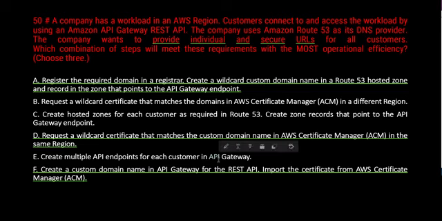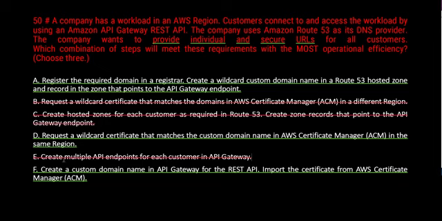So I think the A and create multiple API Gateway endpoints for each customer in API Gateway, that doesn't make any sense. And then request wildcard, this is a different region, it has to be the same region, so eliminate that. Create hosted zones for each customer, no, this won't do as well. Okay, so we eliminated B, we picked D because of the same region. B is gone for that. And here it is talking about creating multiple API endpoints for each customer in API Gateway, which is not possible at all, because if there are 100 customers, are we going to create 100?